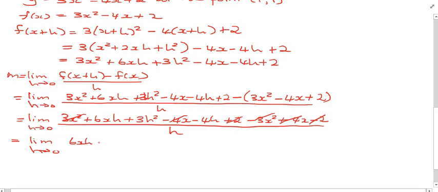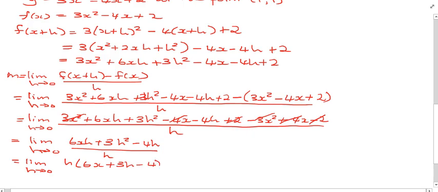We have 6xh plus 3h squared minus 4h divided by h. And we'll be forced to take out h as a common factor. Then we're left with 6x plus 3h minus 4 divided by h. Then h will cancel with another h.